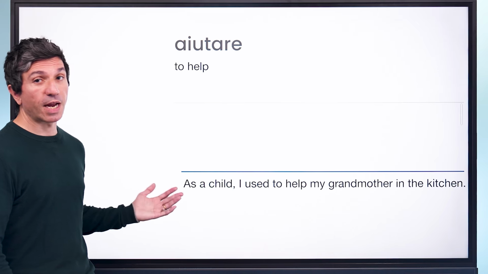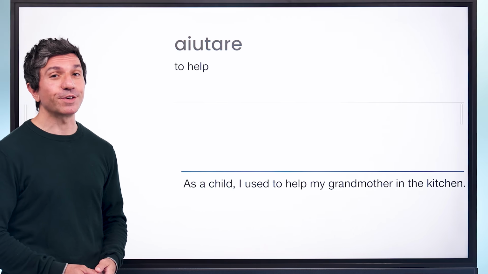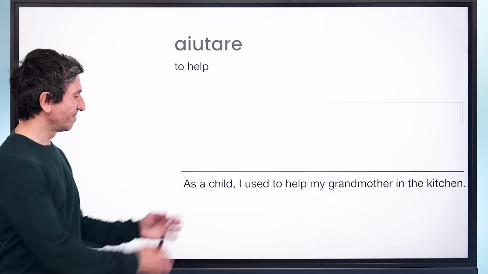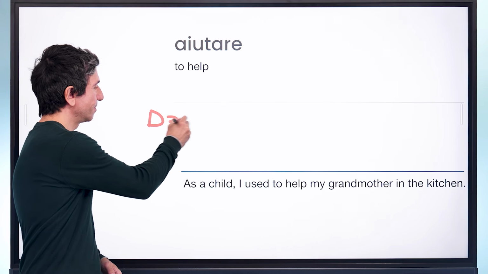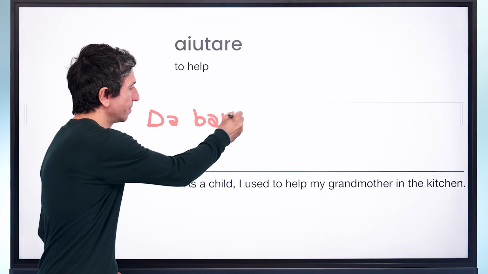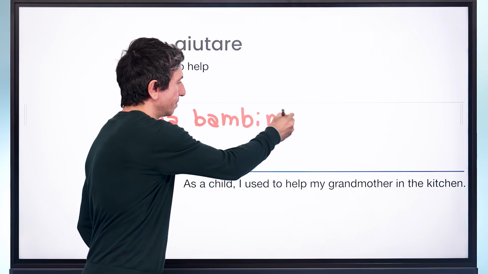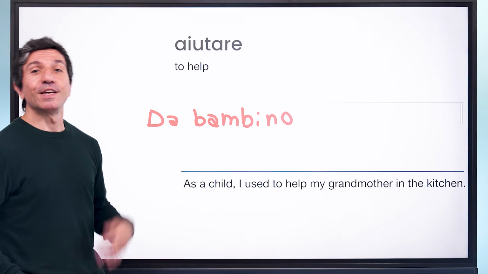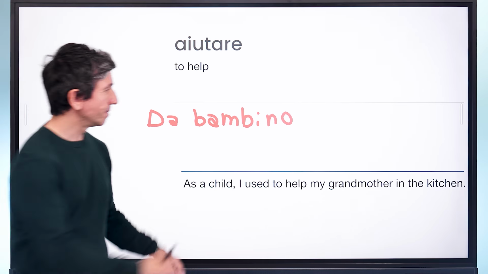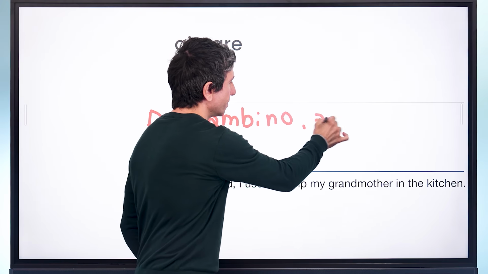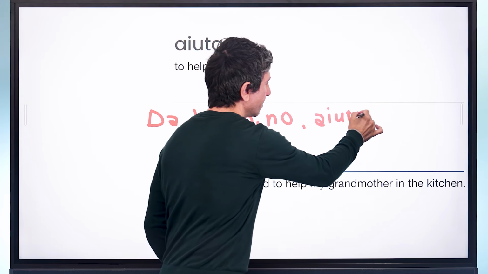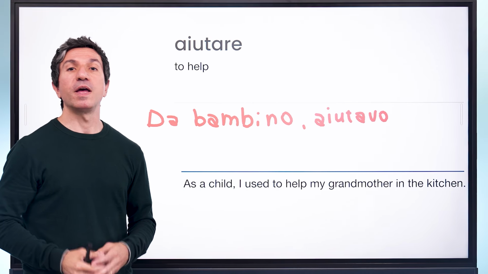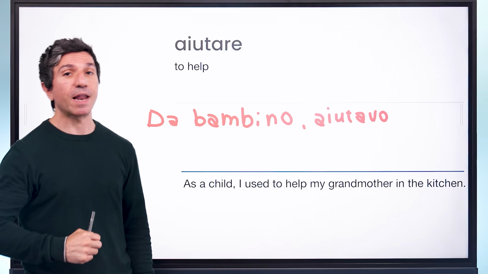Translate. As a child, I used to help my grandmother in the kitchen. Into Italian. Da bambino, meaning as a child, followed by aiutavo, the imperfect tense of aiutare, meaning I used to help.